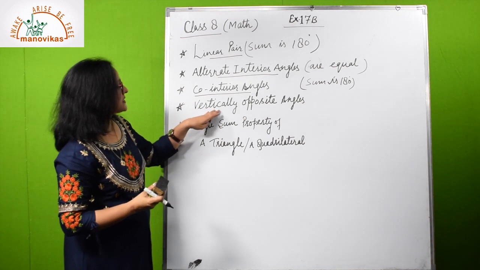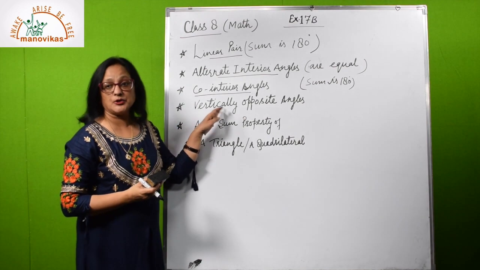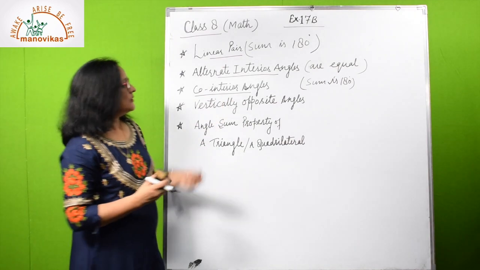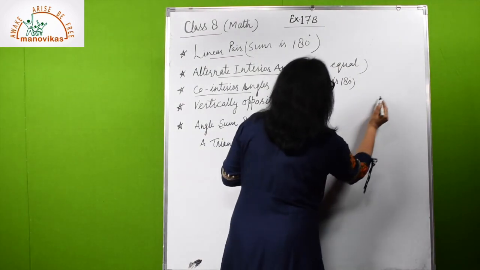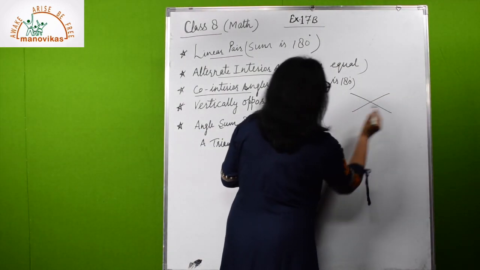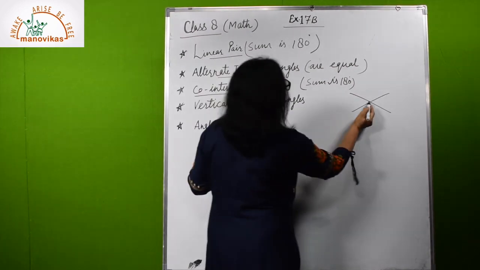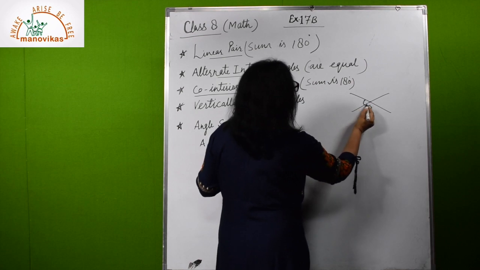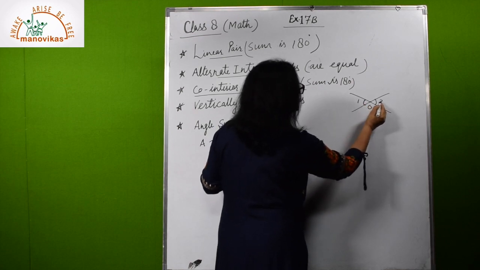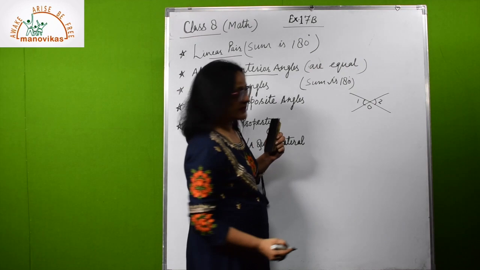Next thing, somewhere you have to use vertically opposite angle, very easy angle. So vertically opposite angle, how is it formed? When two lines intersect at a point, suppose this point of intersection is O, so this angle 1 and this angle 2, they are vertically opposite angles.